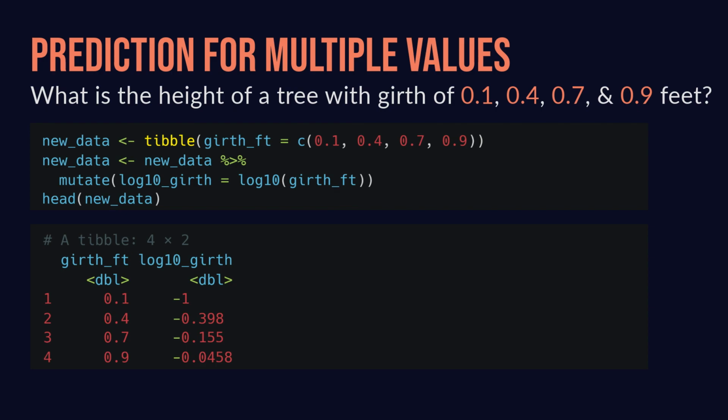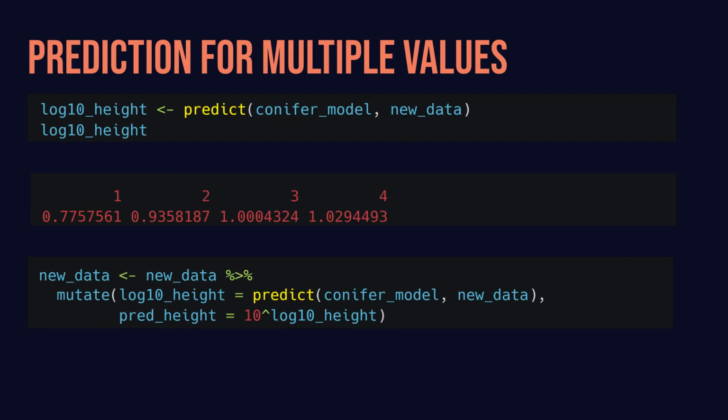Since we used log10 in our model, we need to log10 transform the girth data. Make sure that the column names are the same as the original data before you can start prediction. We can now use the predict function. Inside the predict function, you have to call the model element, in this case conifer_model, and the new data that contains the log10 girth of the trees that we want to predict the heights of.